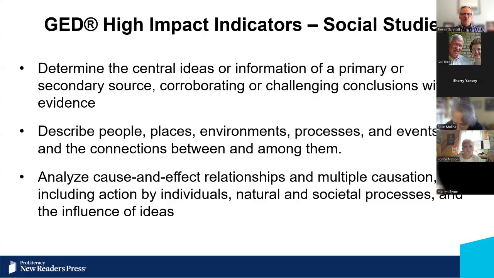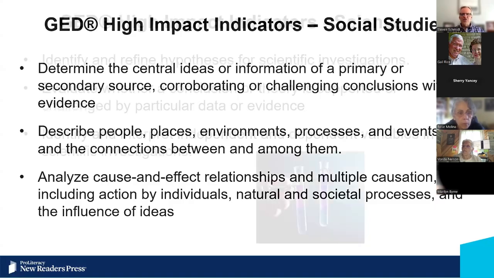We also have describing people, places, and environments and the connections between them. We have cause and effect relationships, which we see in many things in the writing test, in science and social studies. So we have several of these. You can look at the high impact indicators to see them all.